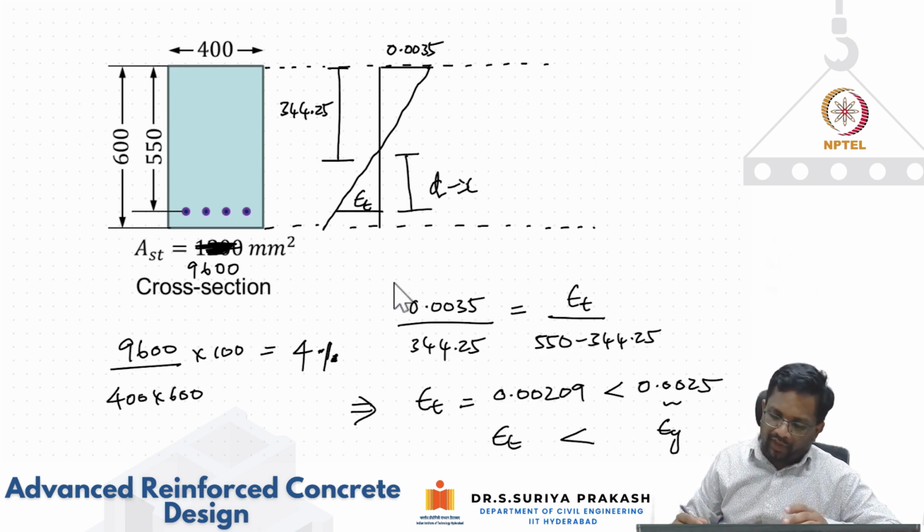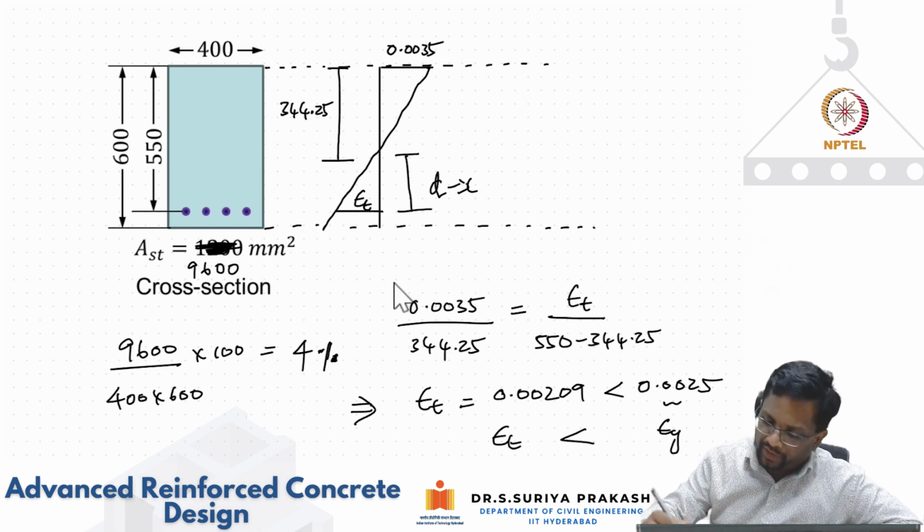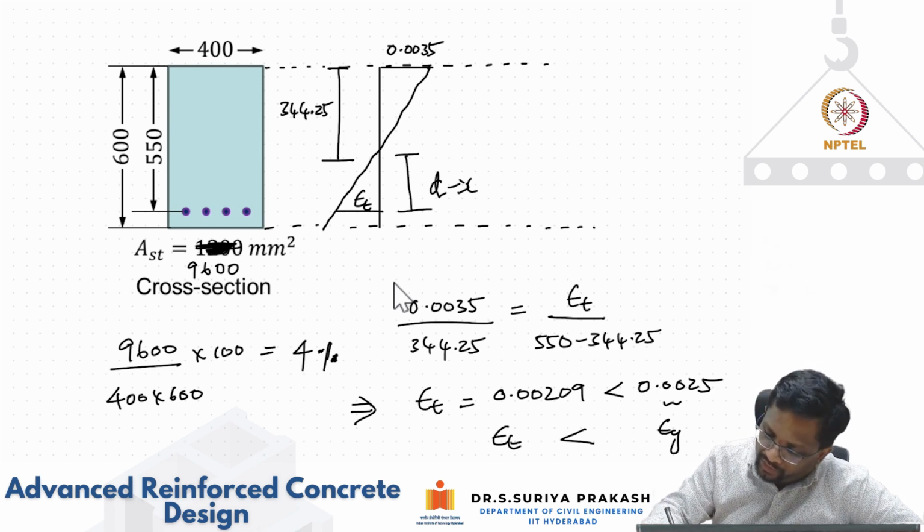So we can calculate your forces. Okay. So again, if you look at your concrete forces, from the equivalent rectangular stress block, we can take this to be alpha 1 F prime C. This is going to be beta 1 X, let's say XU.